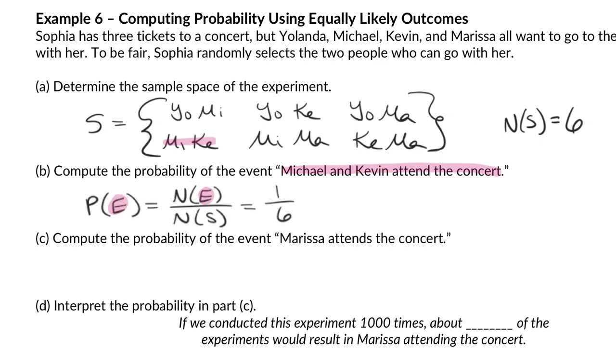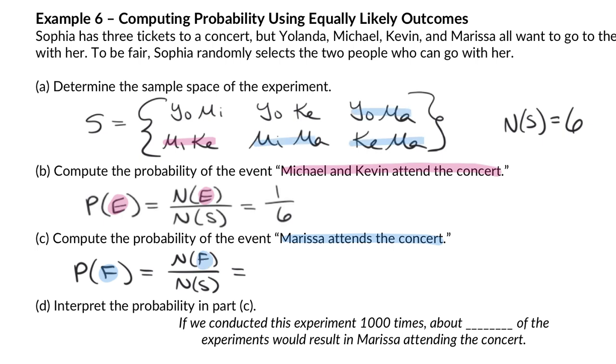But let's say we compute a different probability, and this time we're computing the probability that at least Marissa gets to attend the concert. Okay, so let's do the same thing. This time we're going to use F to represent the event, and we're saying F is Marissa attending the concert. So question for you, how many times on that list is Marissa's name there? 3.